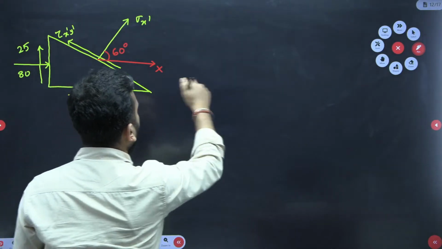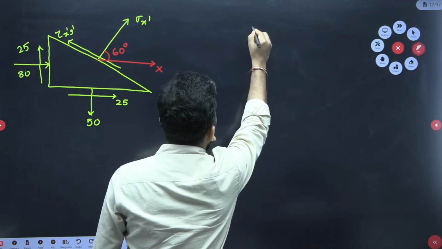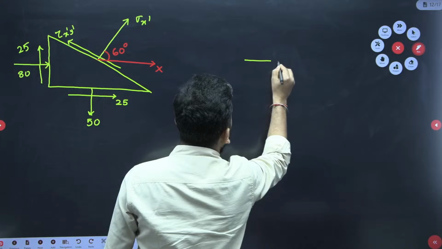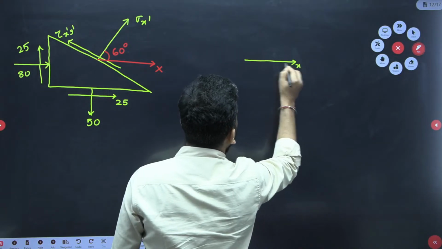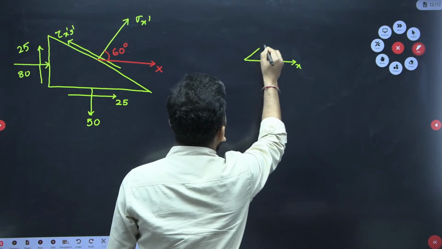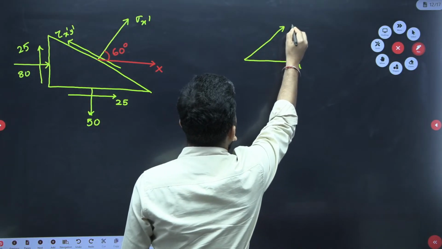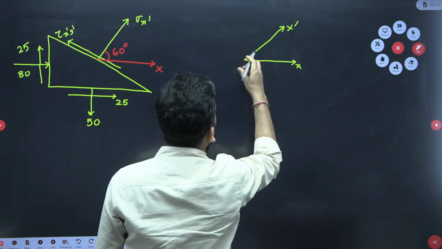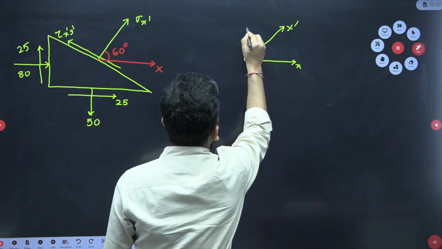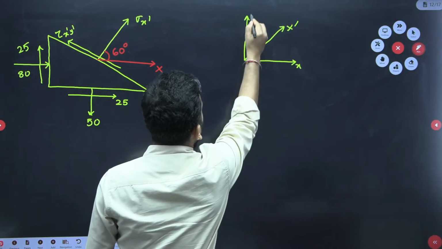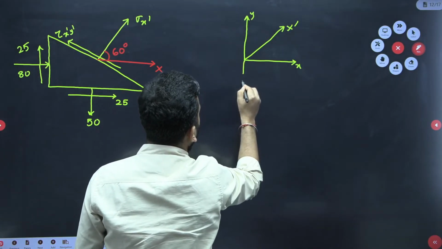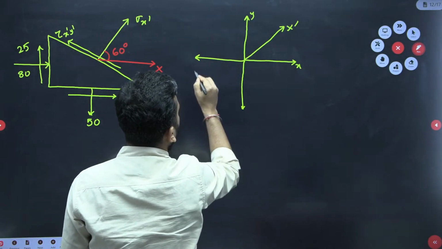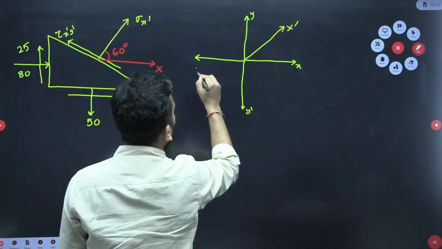So once I have already taken the x dash direction, now I have to take the y dash direction. So let me draw the figure again. This is your x, this is your x dash, this is our normal, the x, and this is the y.